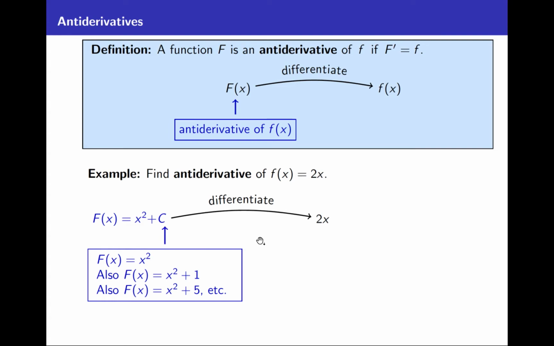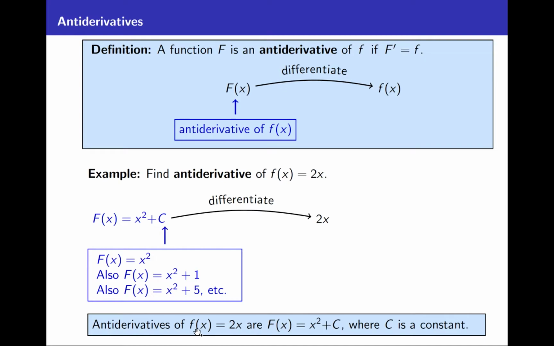That's going to be an antiderivative of 2 times x. So you can see here that whereas if you took a function and you found its derivative, there was only one derivative, there are going to be lots of antiderivatives to a function. The function 2 times x is going to have infinitely many different antiderivatives of the form x squared plus some constant c, where that c could be any real number.